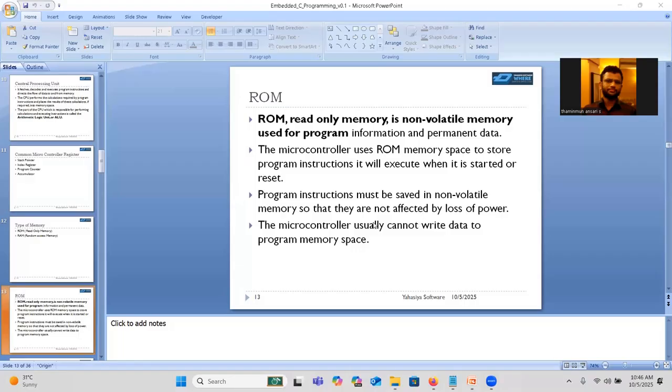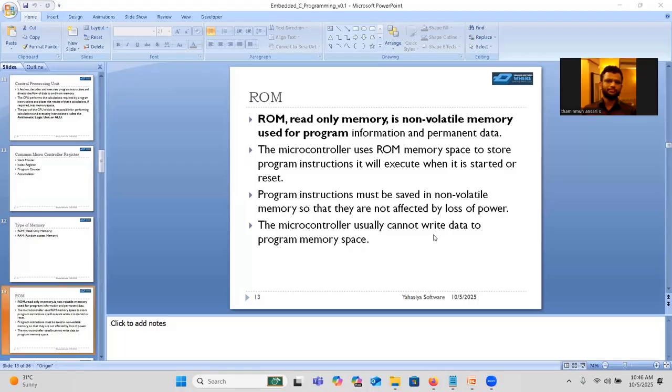A microcontroller usually cannot write data to program memory space. Usually they won't write to it, but it is possible. When people write to the program memory space, we do flashing, using CAN flashing and serial flashing. During reprogramming of the microcontroller, you rewrite the program memory with new instructions.